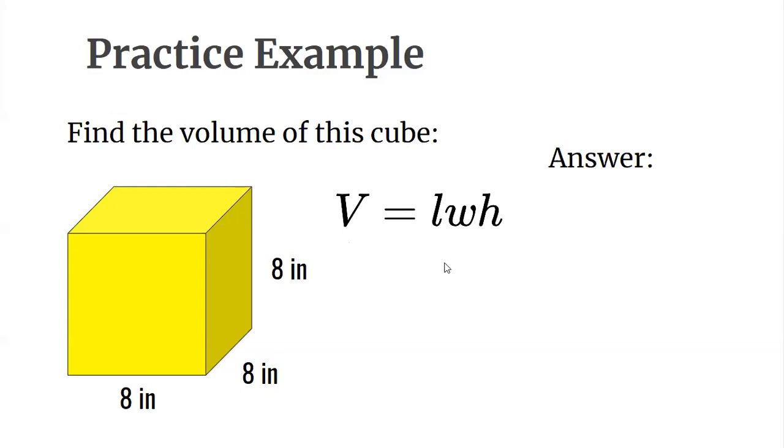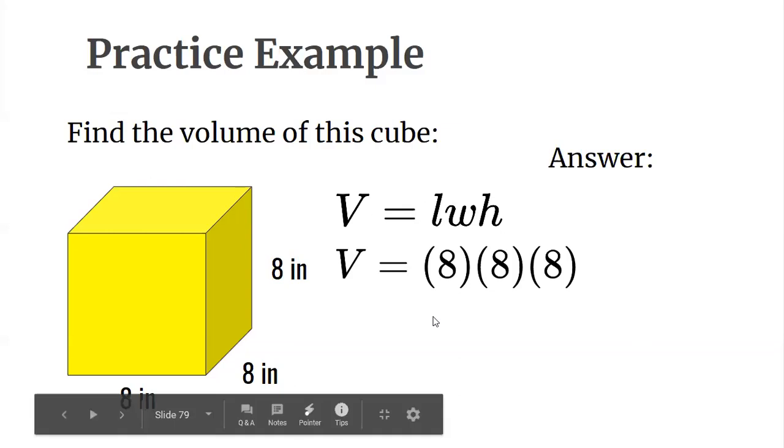Either way, it's the same. But I feel like it is easier if you went with the volume equals S cubed. Side cube, I mean. So we plug it in, 8 as the length, 8 as the width, 8 as the H, which is 8 times 8 times 8, or 8 cubed. And then once you multiply all these together, you get 512 inches squared.